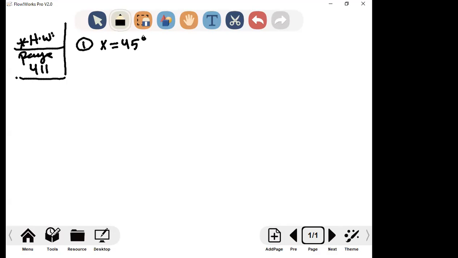Question 2, the given is 20, the complementary angle is 70, so x equals 70 degrees. Question 3, the given is 54, the complementary is 36 degrees. Done.